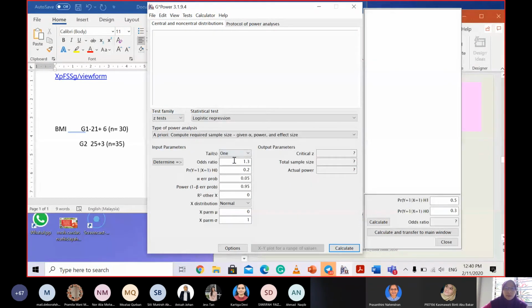Logistic regression. Okay, this odds ratio. If you want to determine this odds ratio, if you have these figures from any journals, you search for journals. If that journal shows you the result of the odds ratio for that variable, you can include these values here, and then you can calculate the others. The alpha is 0.05. The power, you can choose 0.9, 0.8.